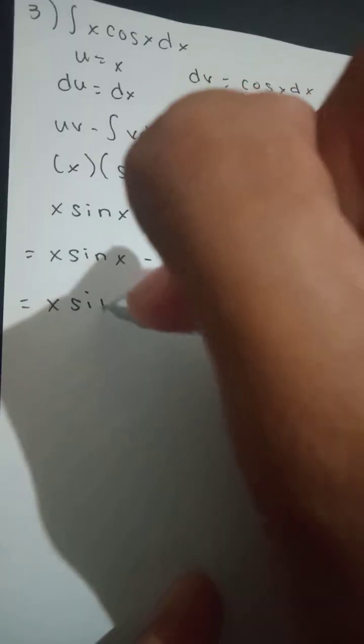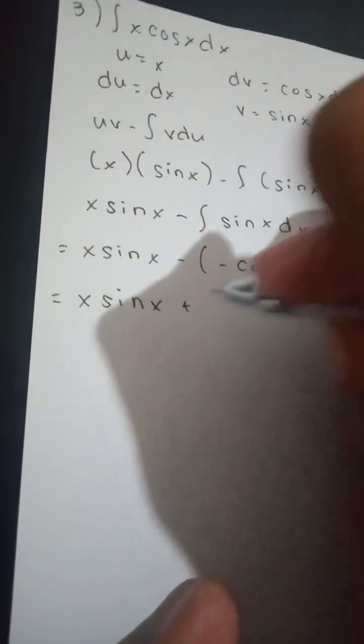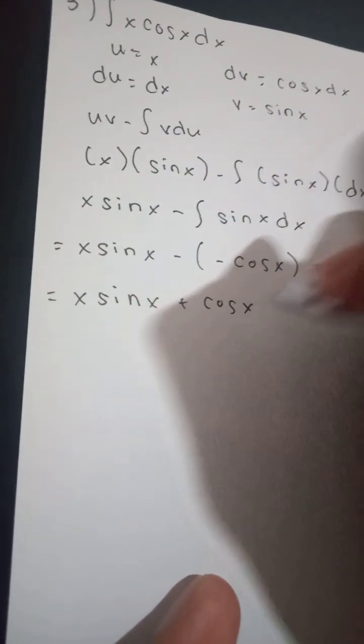So this is both negative times negative is positive, so our final answer is going to be x sine x plus cosine x plus c. And that is our final answer.